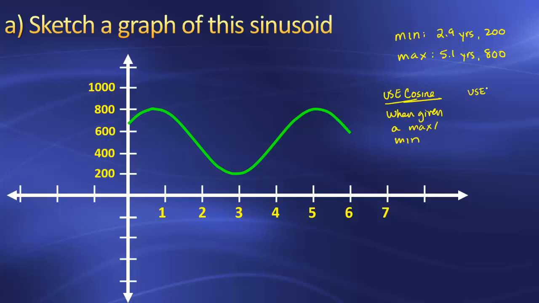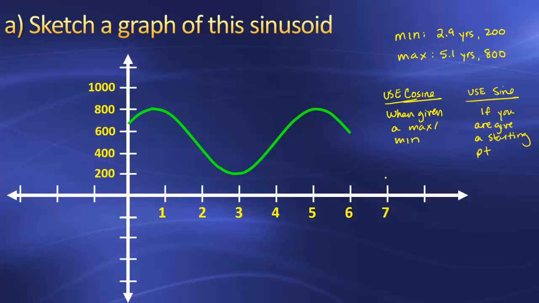Use sine if you are given a starting point and it's something that would go to one side of the starting point and to the other. It could be represented that way. For example, a roller coaster or a Ferris wheel. This is a really good example of a Ferris wheel.